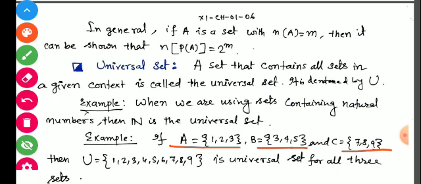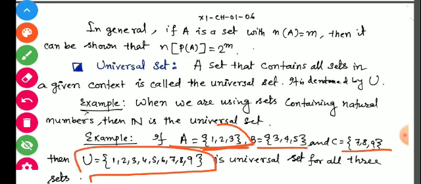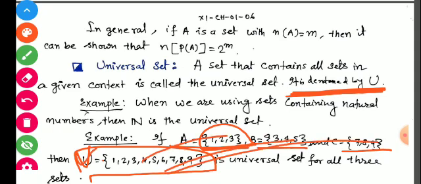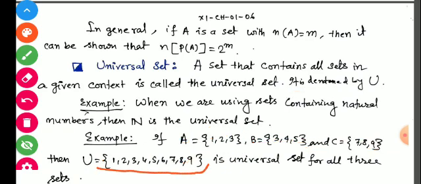Then the universal set will contain all these sets, and the universal set is always denoted by U. So these are all contained in the set U, so it's called the universal set. Here U equals 1 2 3 4 5 6 7 8 9.